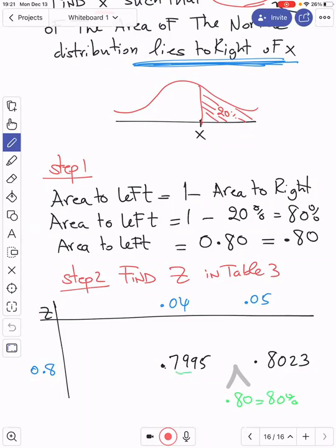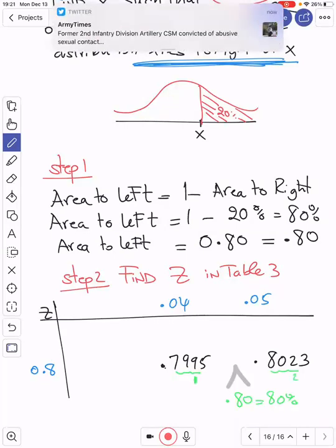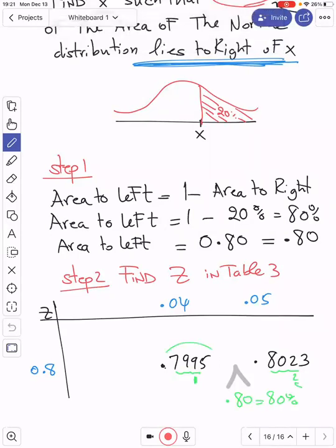Well, this is 0.7995, and so the difference with 0.800 is just 1 here, right? And this difference with 0.800 is like 2, right? So the closest number to the 80%, the 0.80, is this number right here. And it corresponds to z equal to 0.84. Okay.